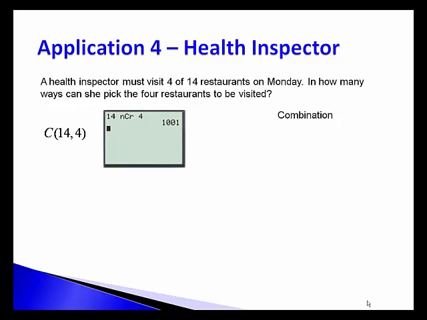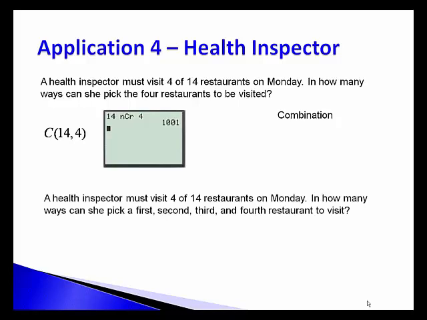I'm going to change the problem just slightly now. A health inspector must visit 4 of 14 restaurants on Monday. In how many ways can she pick a first, second, third, and fourth restaurant to visit? This one is a permutation because there's an order that she's going to visit them. At this time it will be a permutation of 14 things taken 4 at a time. Are you going to have more choices or less choices?